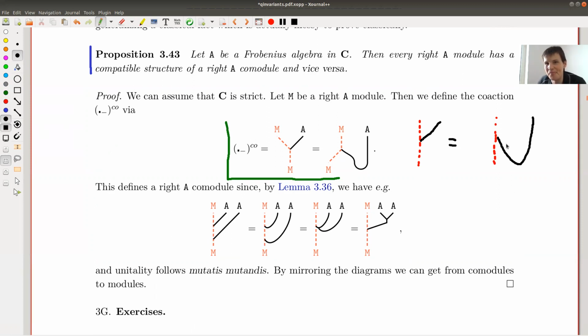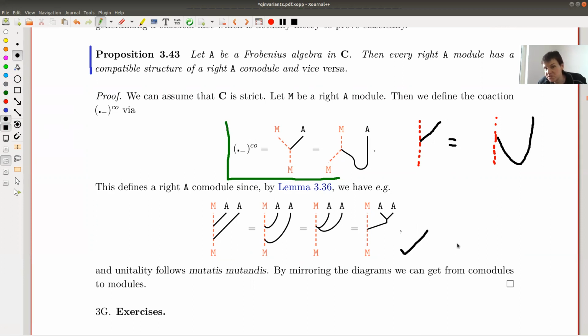Everything is built topologically. So I just use this picture as a shorthand for this one. Strictly speaking, it's just a shorthand, right? But of course, I just want to pull it up and I'm done. And you verify that the axioms are satisfied. It's really simple. You just play games like this. So for associativity, this is equal to, well, draw it as it should be, do the associativity downstairs and pull everything straight.